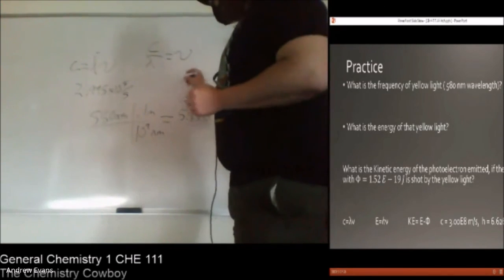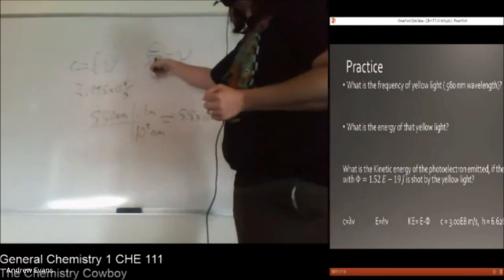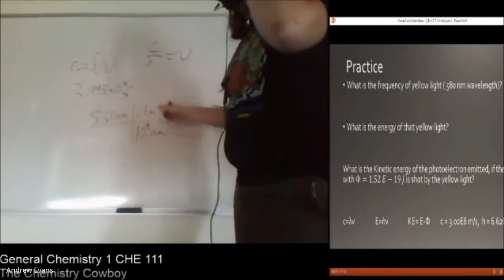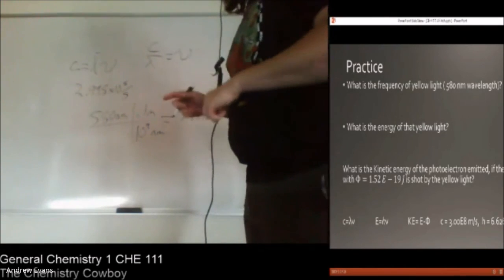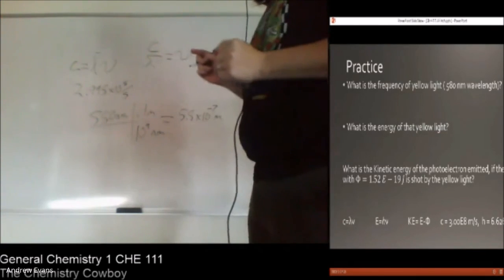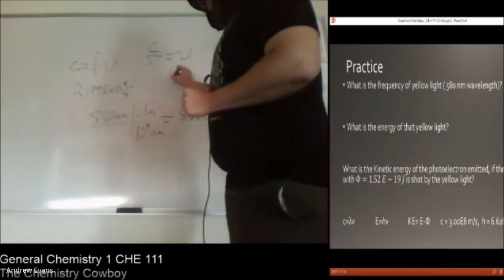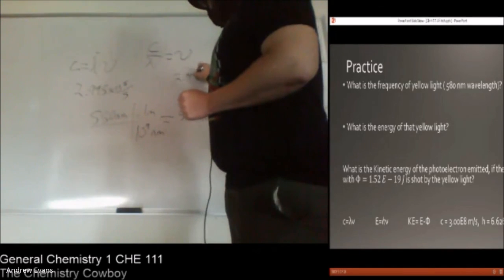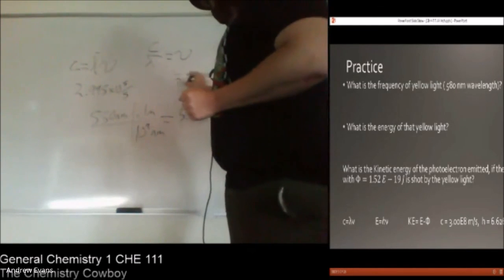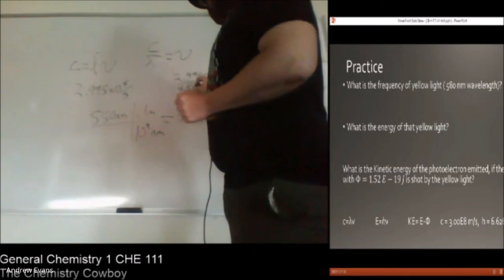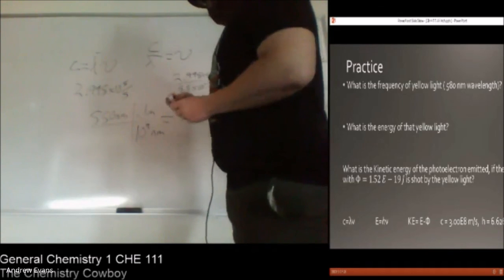So back to here, c divided by lambda. If you screw up your conversion, you're going to get a number that's 10 to the 18th off in the wrong direction. So 2.998 times 10 to the 8th divided by 5.8 times 10 to the negative 7th.